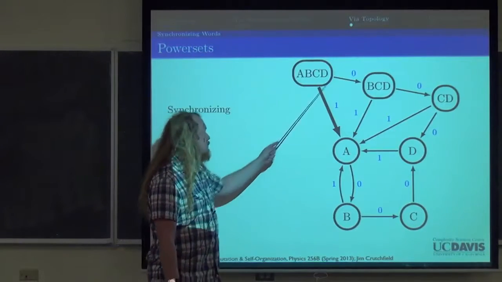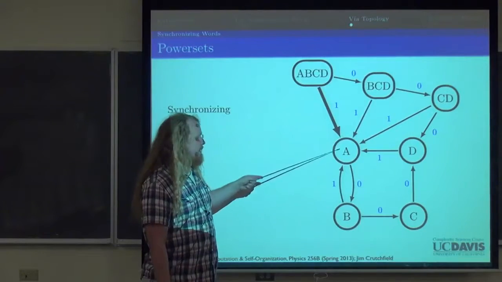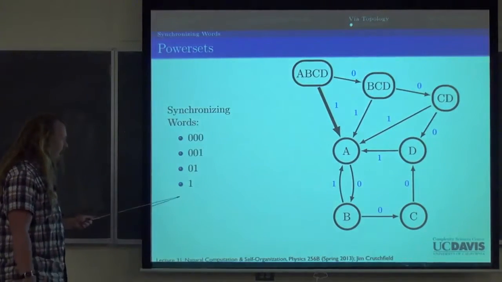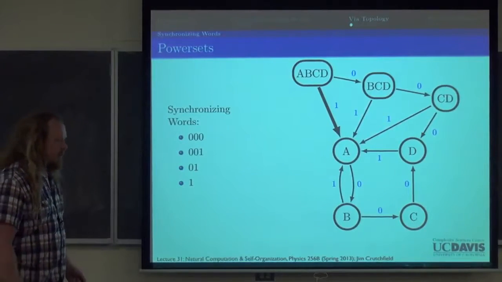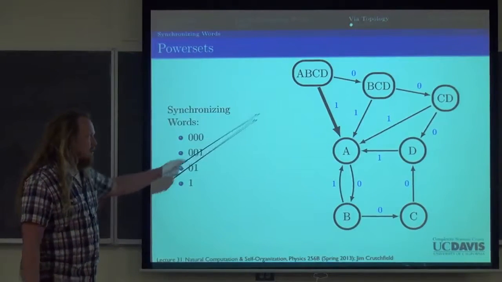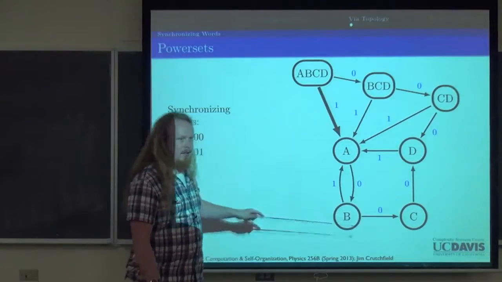Those are the 4 paths that will take us from this state of not knowing exactly what state we're in to knowing exactly what state we're in. And the longest such word, or the longest path from this state down to these states, is the Markov order.